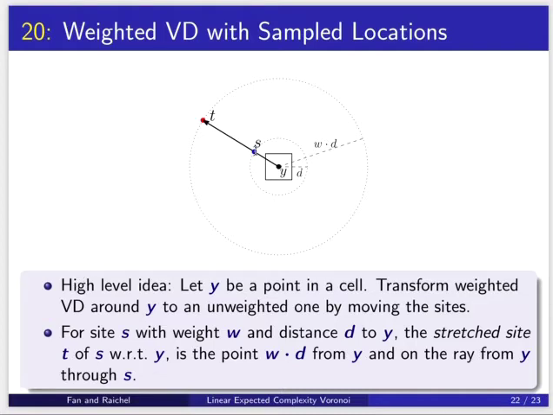A set S with weight W and distance d to y can be considered as a set T with weight 1 and distance W times d to y, along the ray from y through S. After that, set T can be considered as an unweighted set.